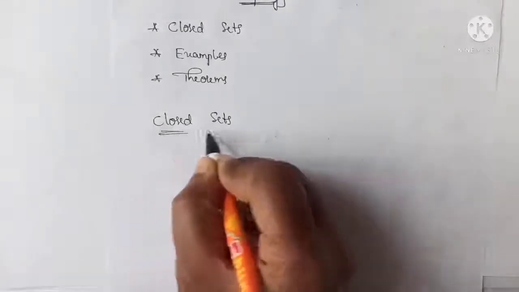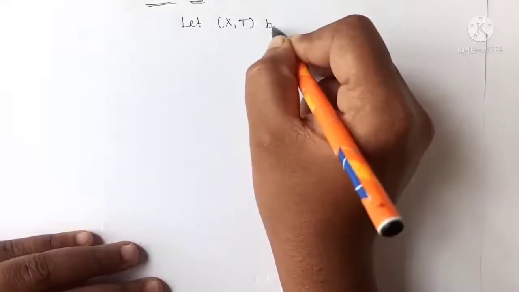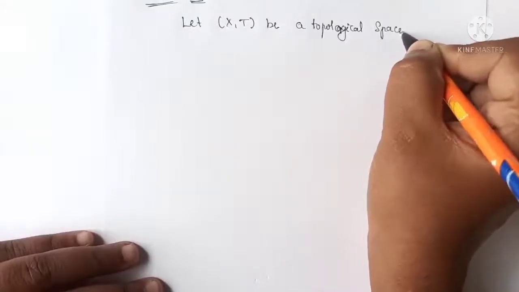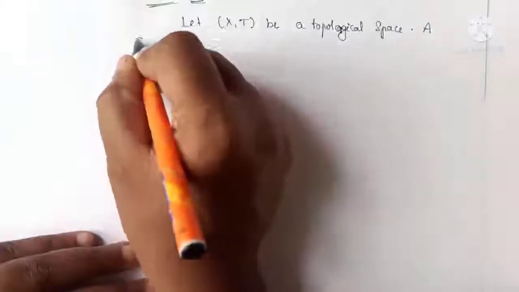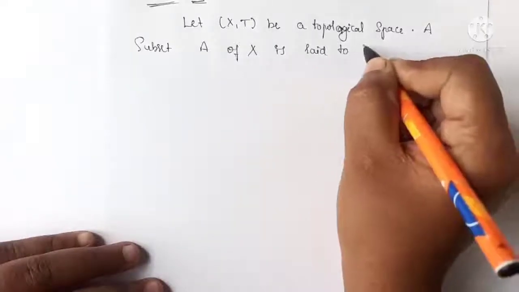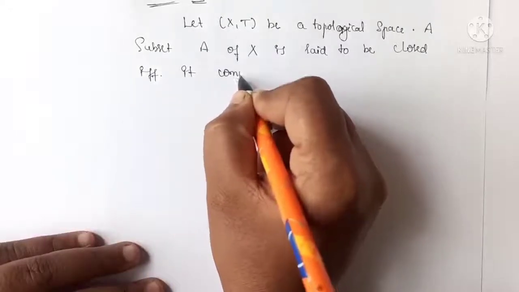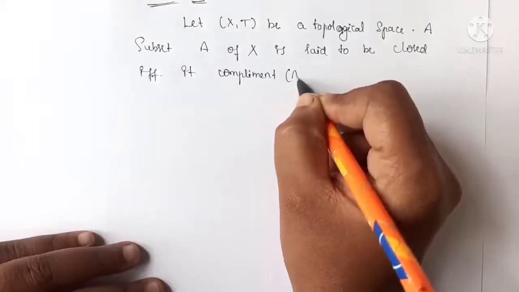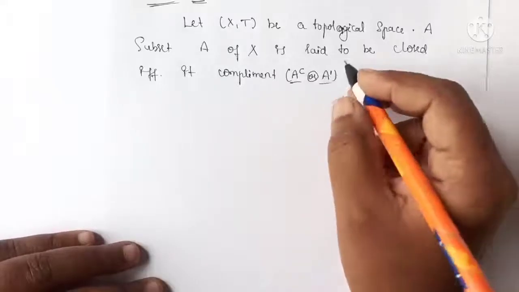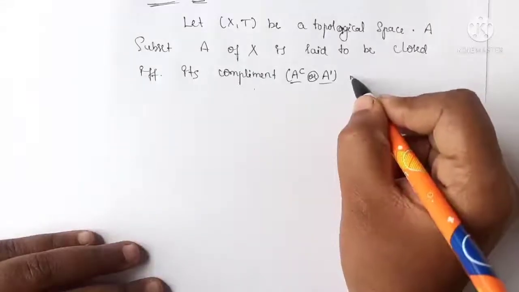Closed sets definition: let (X, T) be a topological space, then a subset A of X is said to be closed if and only if its complement is open. The complement of A is denoted by A complement, or it is also denoted by A dash. You can denote it by any symbol.